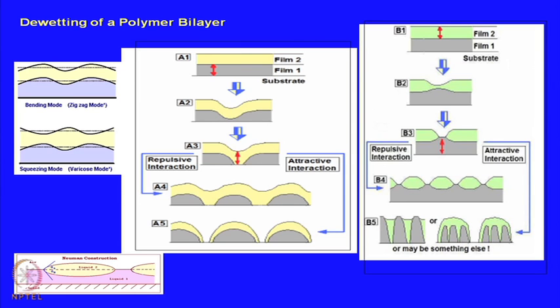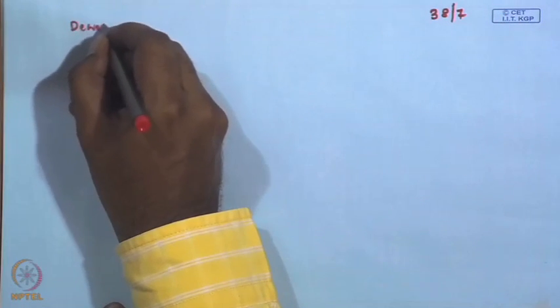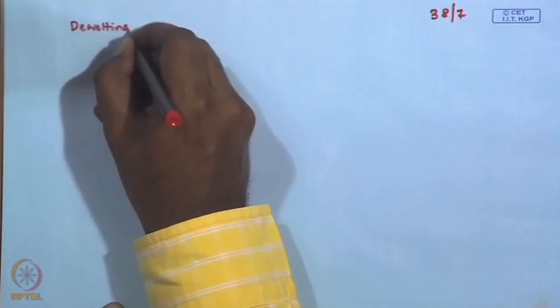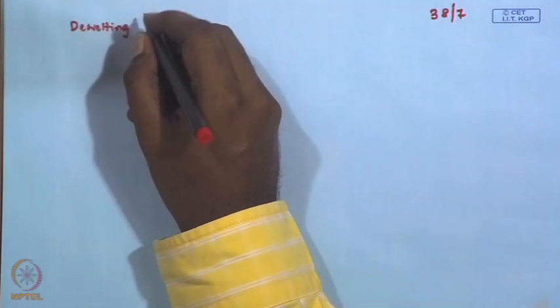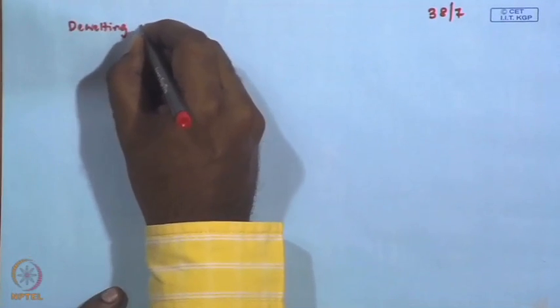Another interesting aspect that I will now introduce you to, maybe in a few minutes, is the dewetting of a polymer bilayer. There can be various other critical considerations, but let us try to understand it in terms of van der Waals interaction only.